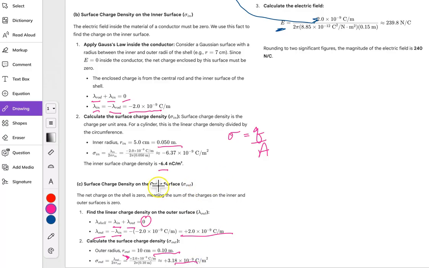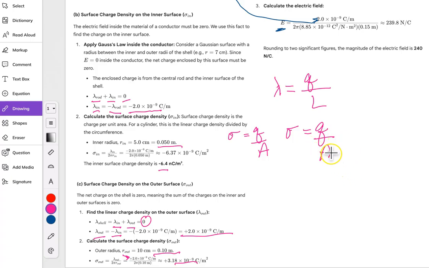One thing that's confusing about this is we keep going back and forth between linear charge density, which is equal to the charge divided by the length, and surface charge density, which is the charge divided by the area.